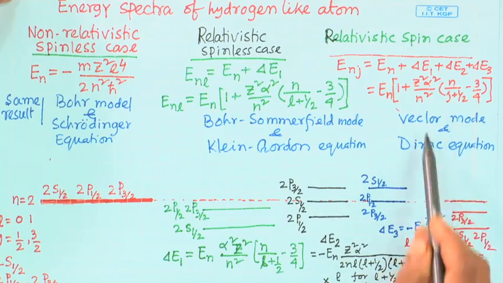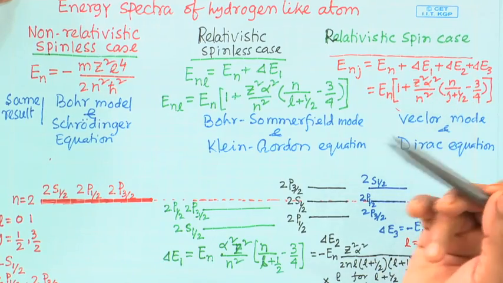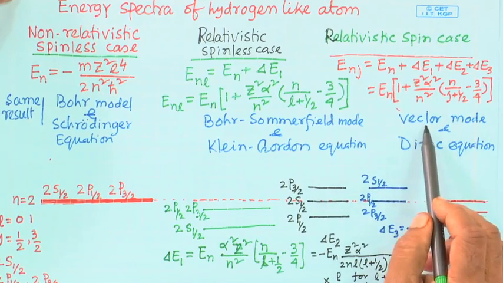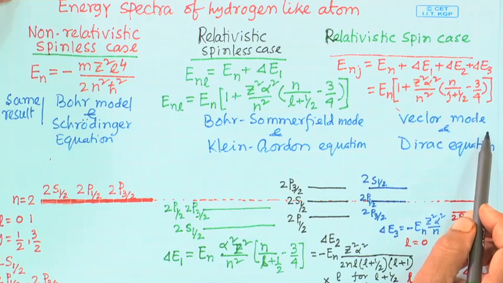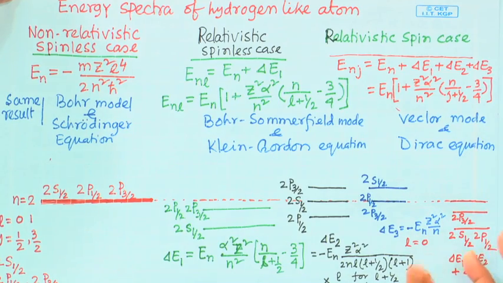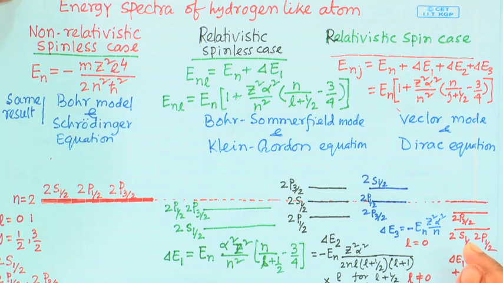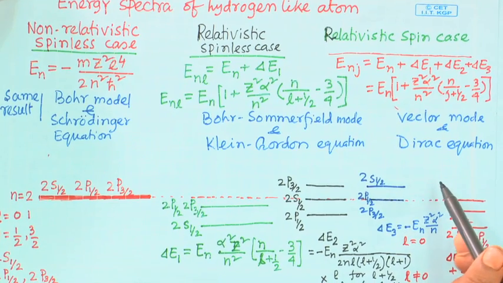This is the similar result I mentioned when we considered the vector model, to find the total angular momentum using J equal to L plus S. And the same result we got from the Dirac equation.